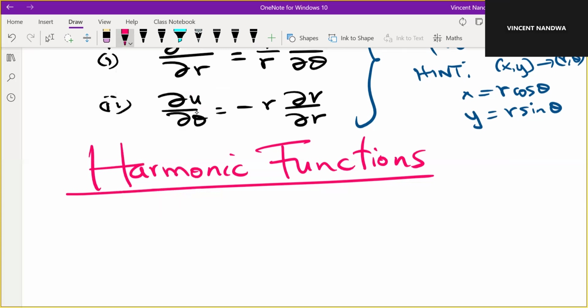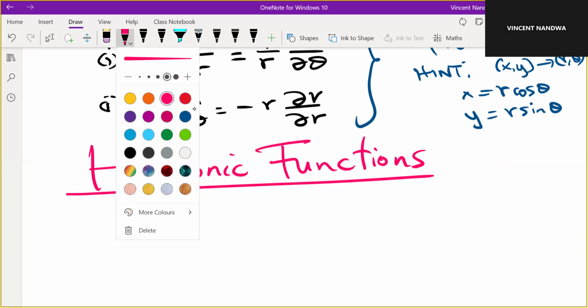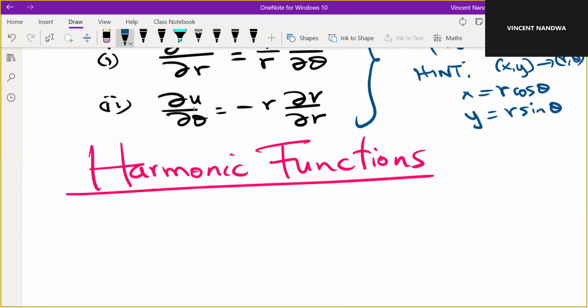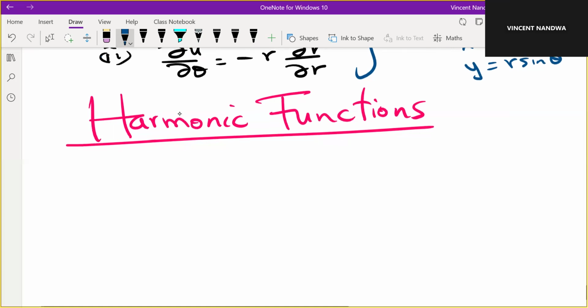But is there anyone in class who has done 313 vector analysis? George, have you done 313? Okay, yeah. So if you have done 313, then this is an obvious thing that you know. But anyway, even if you have not done it, it's not a hard concept to understand.